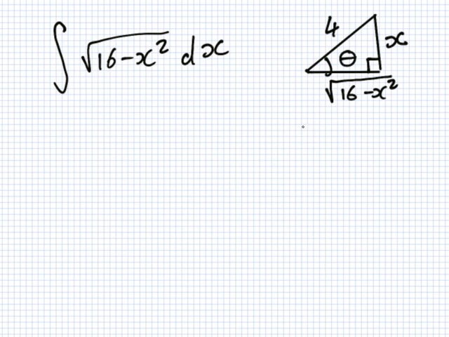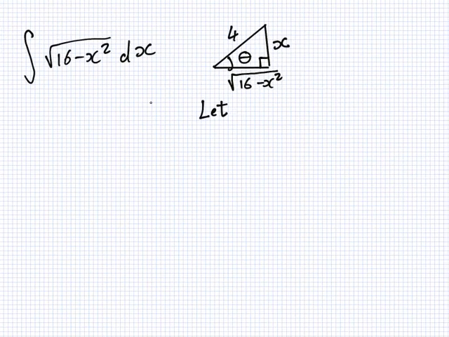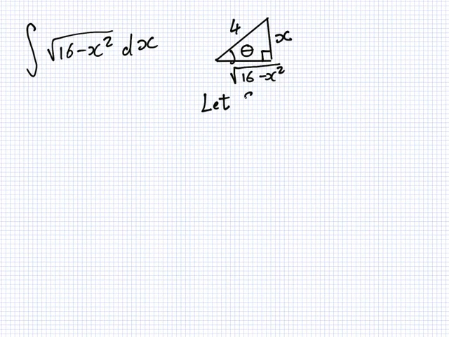So basically what we say is, let me just write this over here, let cos theta equals square root 16 minus x squared over 4. So in other words, 4 cos theta will equal that.